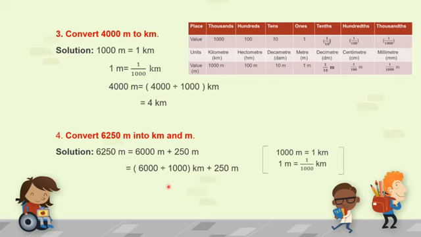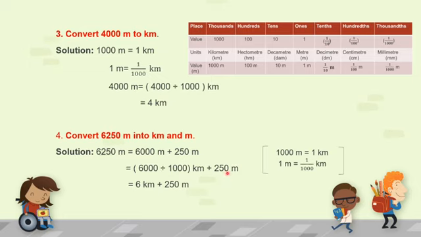Same concept or strategy you are going to use. You just follow the decimal concept of counting the number of zeros and putting the decimal point. 3 zeros. Count 3 numbers from the right, 1, 2, 3, and put a decimal point. The moment you put a decimal point, you get only 6 before the decimal point. So it is converted into 6 kilometer.